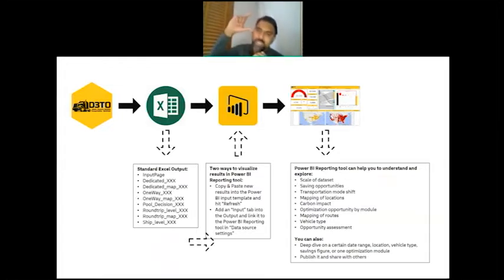What was going LTL before is going TL, what was going parcel is now going LTL, and what are the hubs, what the transportation spend was, what is the difference now versus the benchmark, and all those aspects. And this image on the right top is one of the examples of such solutions we did, right?